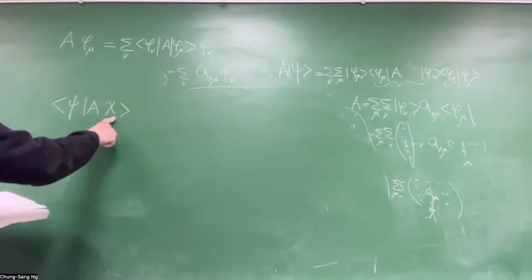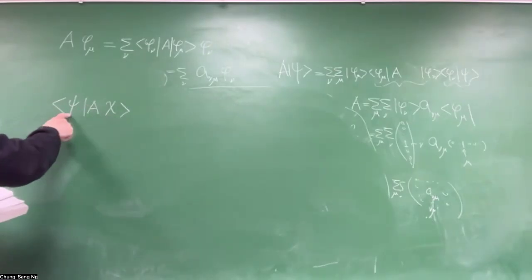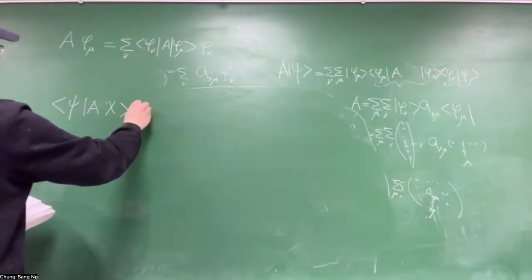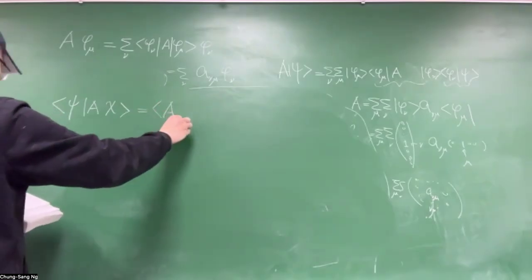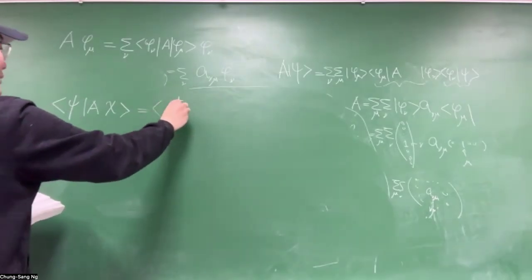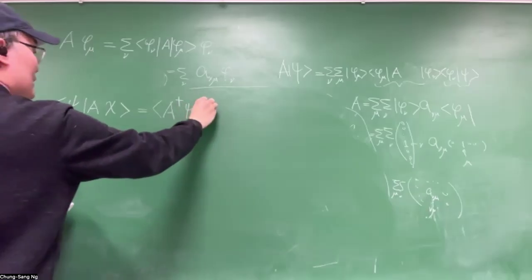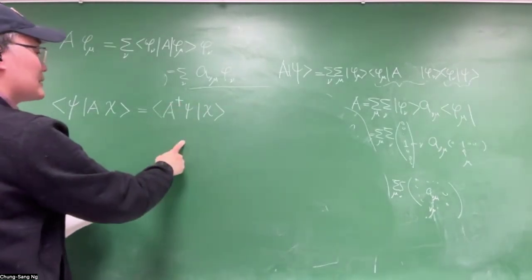The original one is just the A operator acting on chi, and then we do a scalar product inside. By our definition, it's the A dagger operator inside the scalar product with chi. This is the definition of A dagger, exactly.